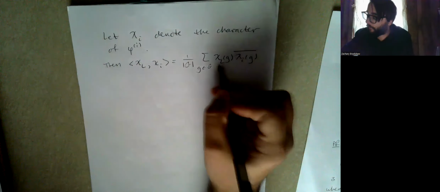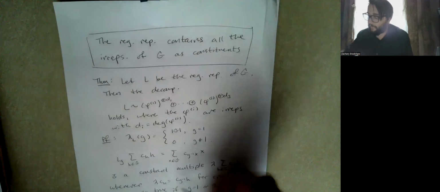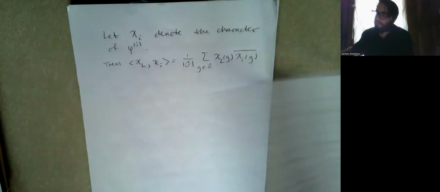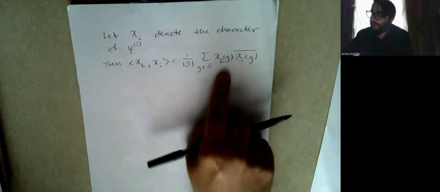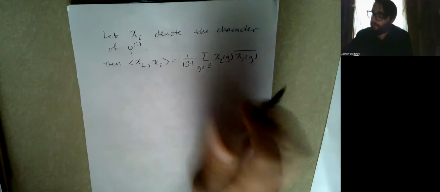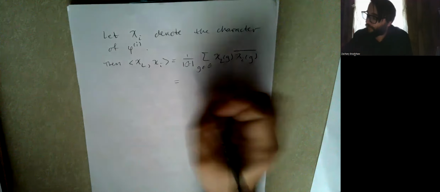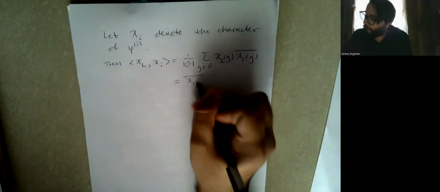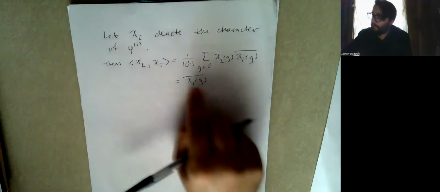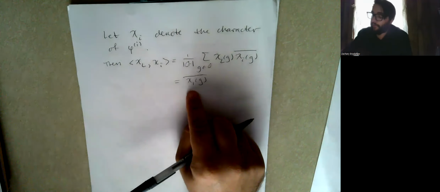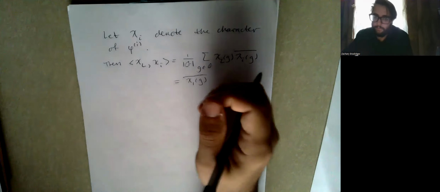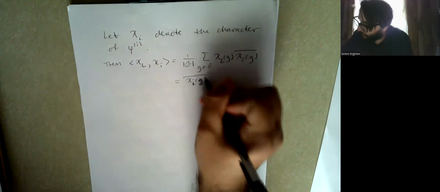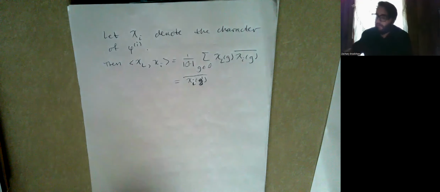So what is this? Well, from the result that we just showed, we know that this chi_L of g will be 0 unless g is 1. So that's the only term in the sum that survives. And in that case, this is the order of G. So the order of G's will cancel, and we're just left with chi_i bar of 1. But what is chi_i of 1?